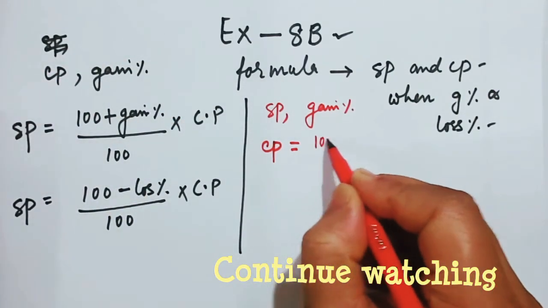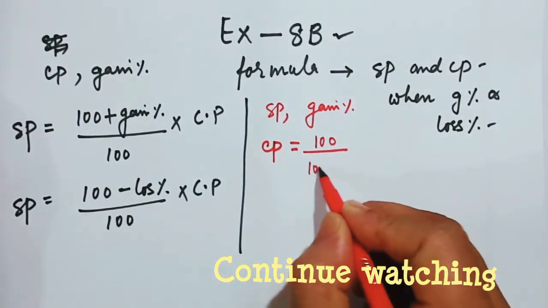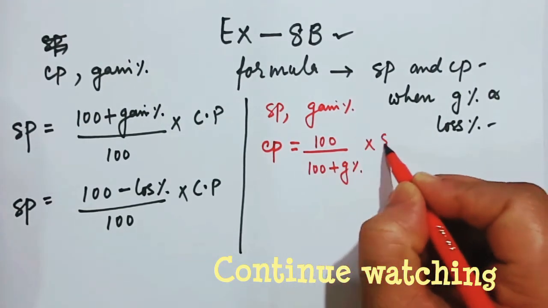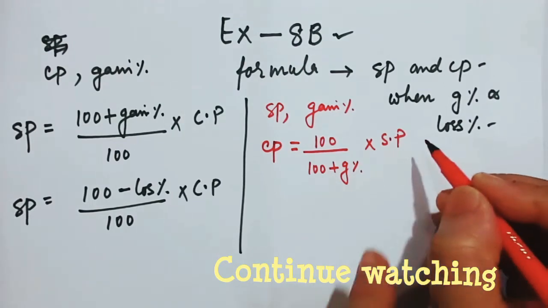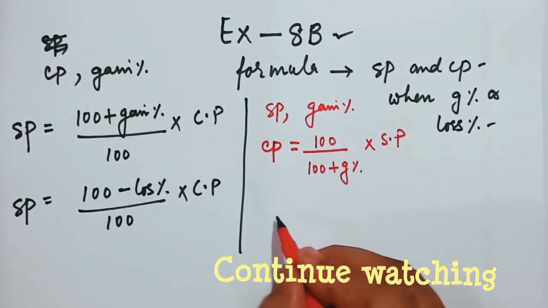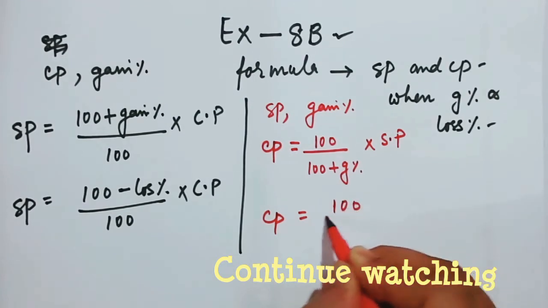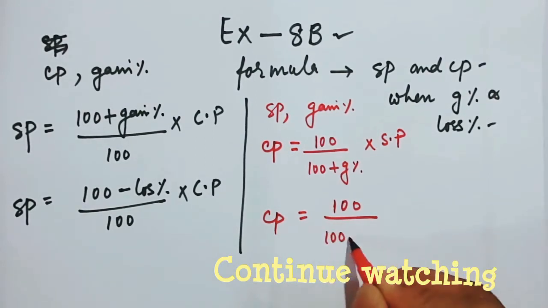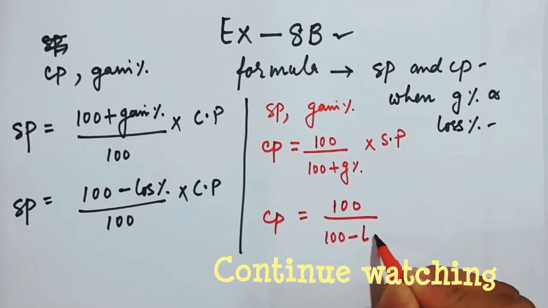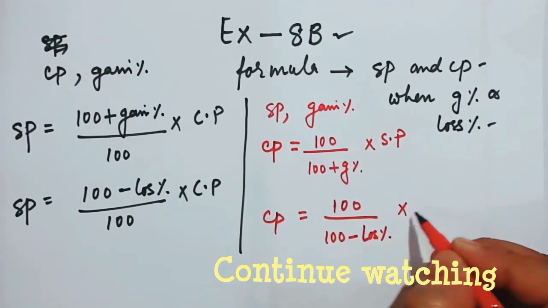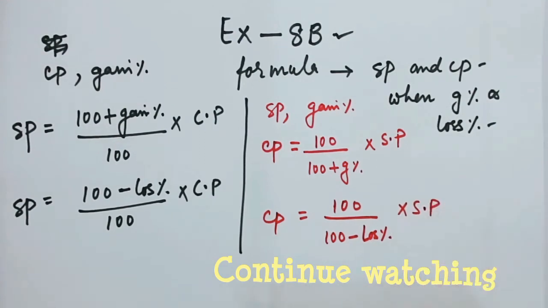This means 100 by (100 plus gain percent) into selling price. I hope you have understood this concept. Similarly, your cost price is equal to 100 by (100 minus loss percent) into selling price.